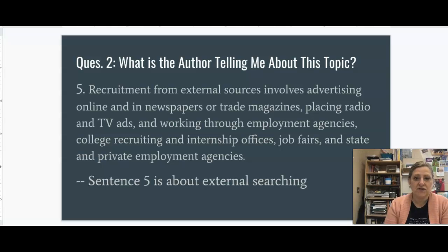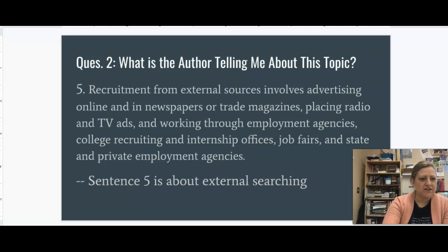Recruitment from external sources involves advertising online and in newspapers or trade magazines, placing radio and TV ads, and working through employment agencies, college recruiting and internship offices, job fairs, and state and private employment agencies. Good sites to go on would be monster.com or indeed.com because they have a whole lot of different jobs. So most of the recruiting takes place online.